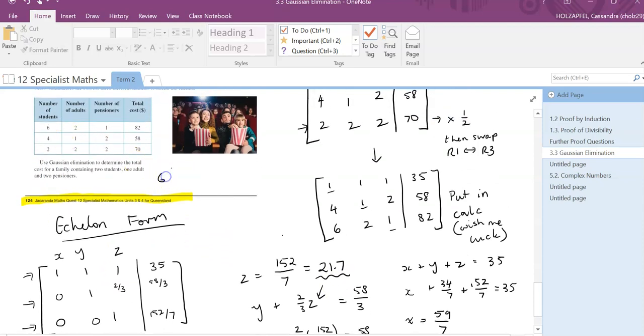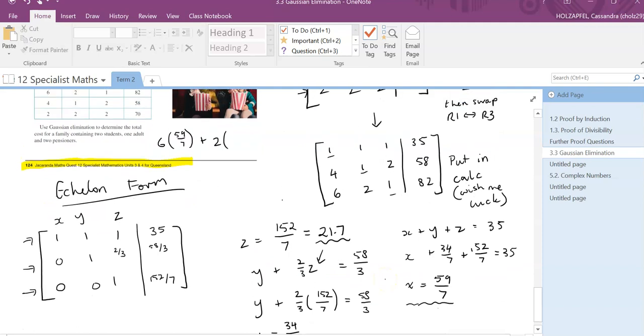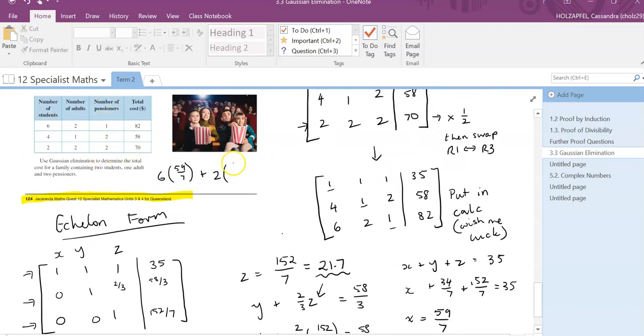So we should have 6 lots of 59 over 7 plus 2 lots of the adults. Now the adults we defined as y, and our value for y was 34 over 7. So 34 over 7, plus 1 lot of the pensioner's price, which we defined as z, and we defined that as 152 over 7. And now we just need to double check that that's equal to 82.